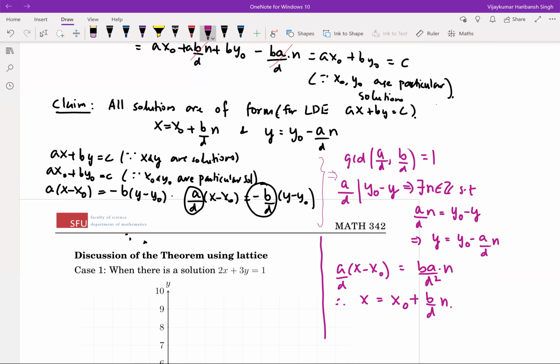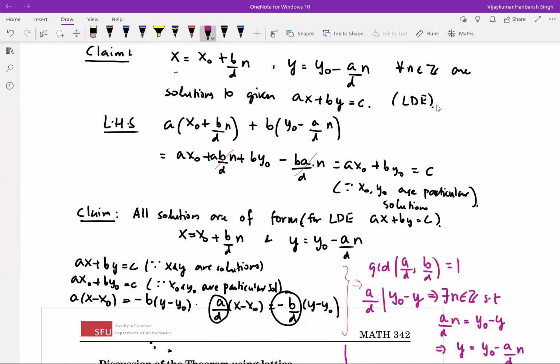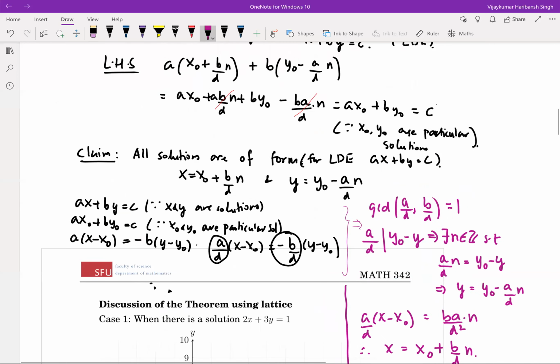So you have shown two things: not only that these are the solutions, but all the solutions also look like the following form.